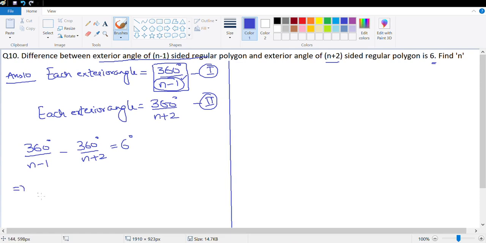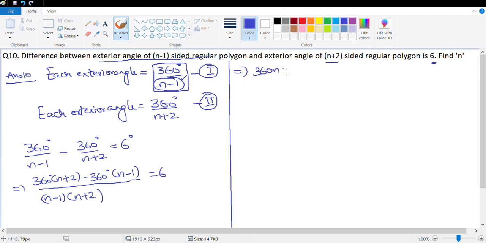The LCM will be n minus 1 times n plus 2, and in the numerator I'll have 360 degrees times n plus 2 minus 360 degrees times n minus 1, and the right hand side is 6. Let's solve this. This will be 360n plus 720 minus 360n plus 360 is equal to 6 times.